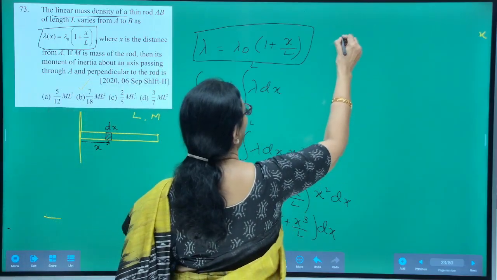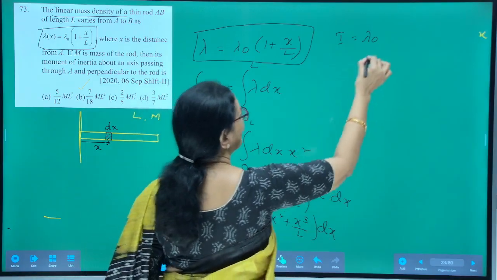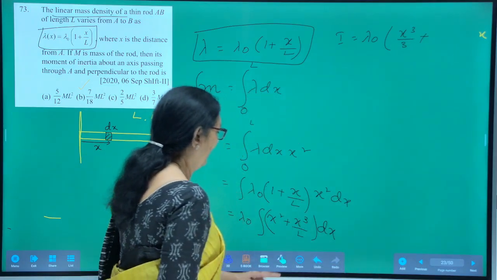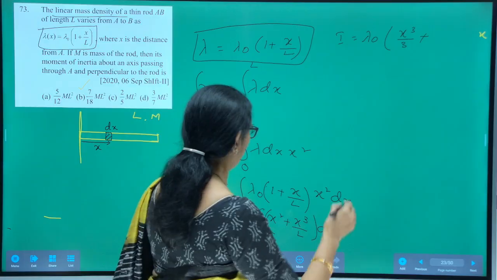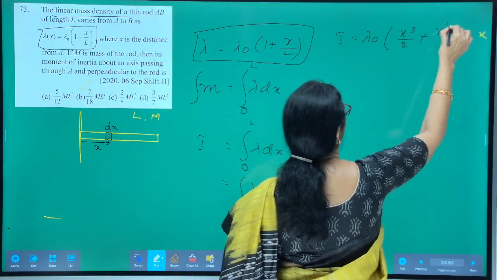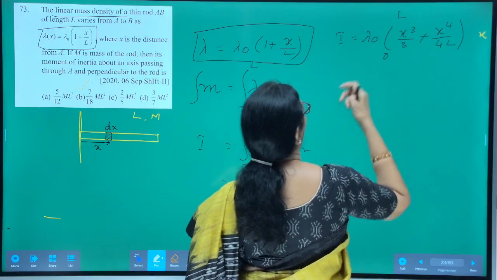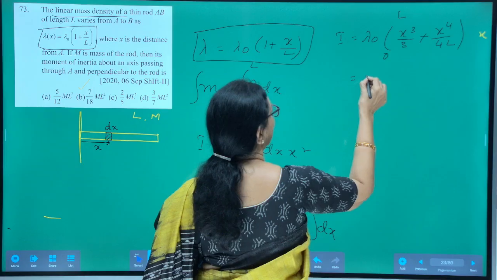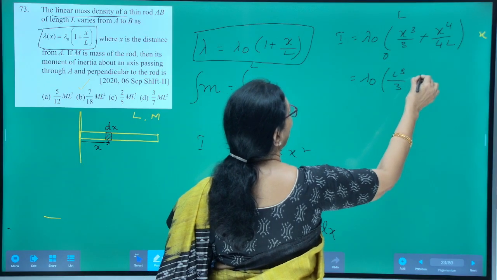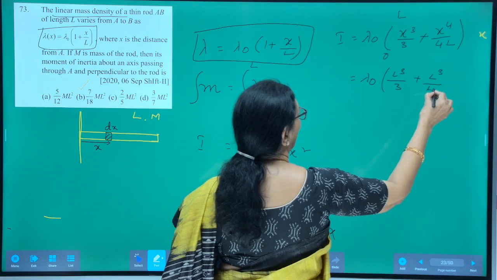What do we get? I is equal to lambda naught into the integral of x square, which is x cube by 3, plus the integral of x cube, which is x to the power of 4 by 4 L. Limits are from 0 to L. Substituting that, you get lambda naught into L cube by 3 plus L to the power of 4 by 4 L, which is L cube by 4.